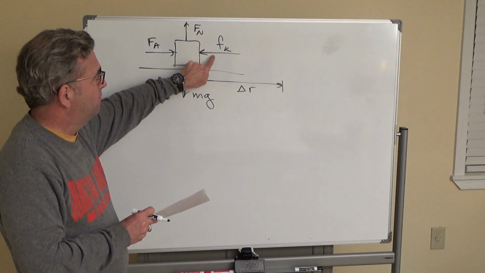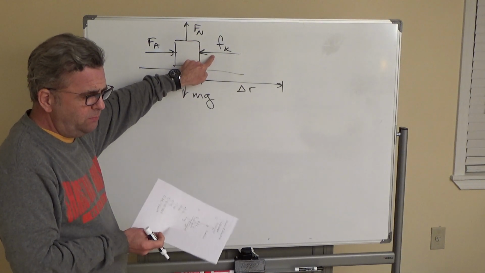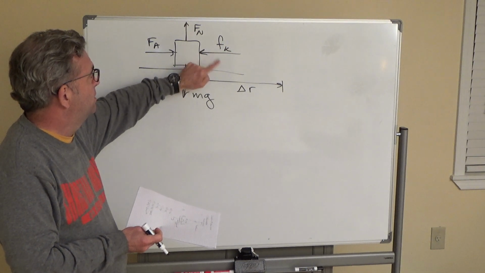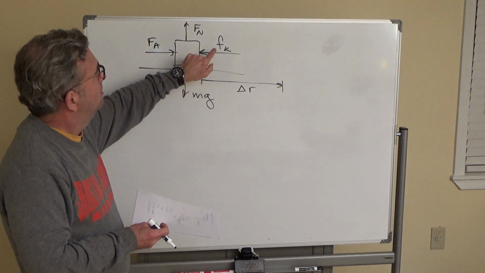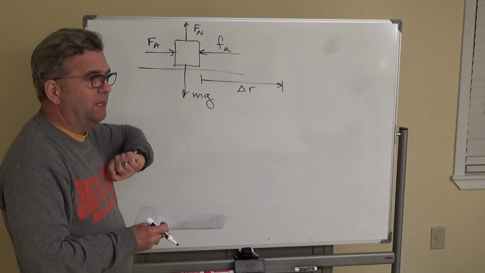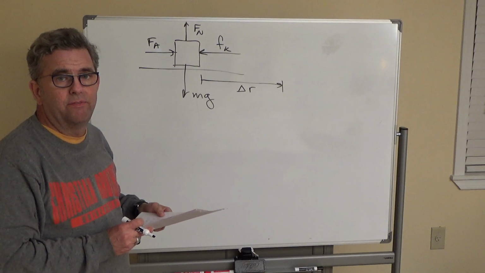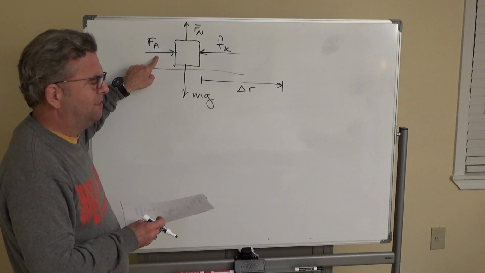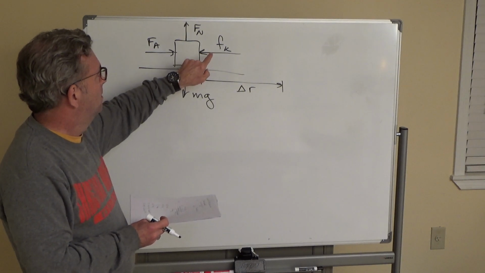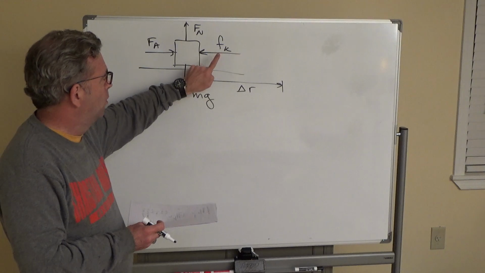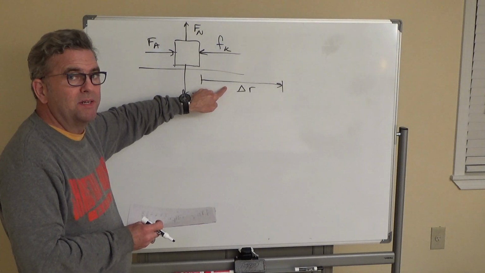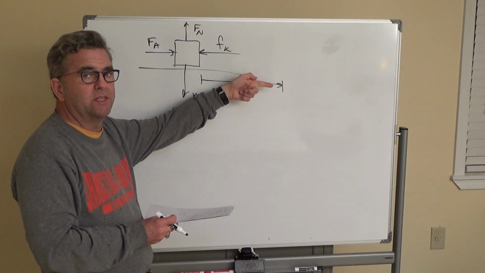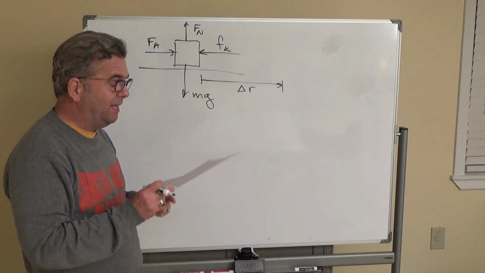You calculate that force based on the coefficient of kinetic friction and the normal force, and you look at this force through this same distance. It's going to be the negative of, I don't know if it's moving at a constant velocity. It may not be. So you will have to calculate this force through this displacement. Okay, the force is in this direction, the displacement is in this direction. That is a negative amount of work.